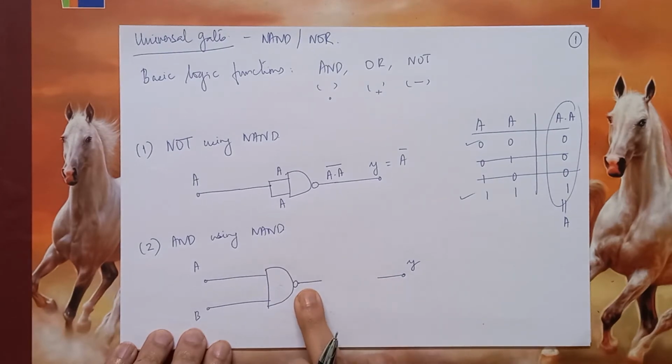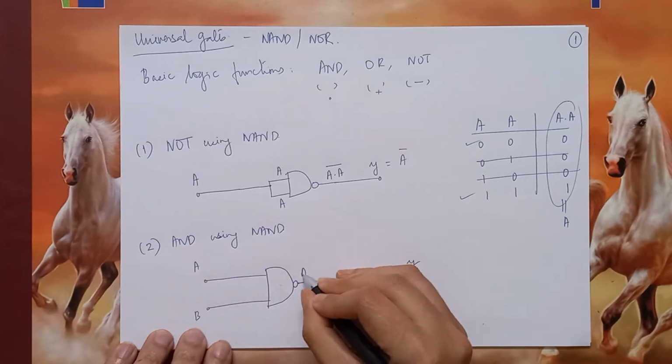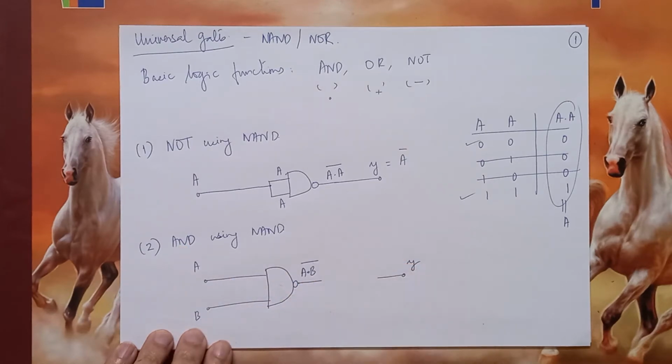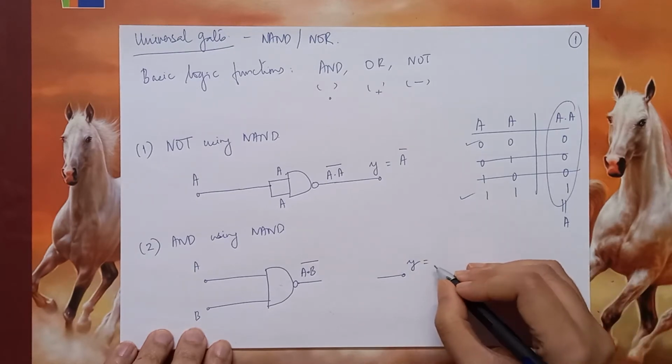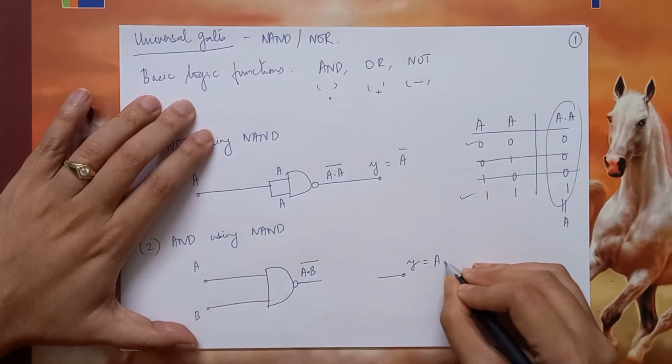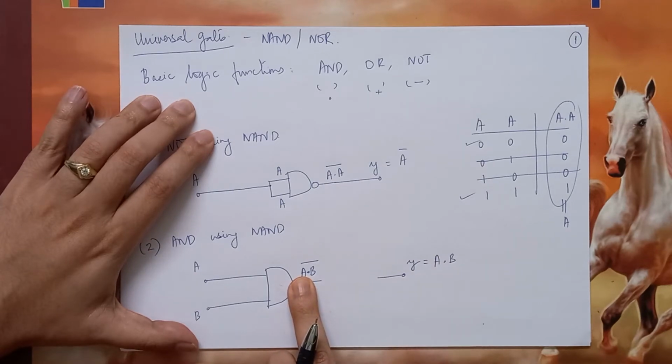So the output at this point will be the NAND of these two, that is A dot B, the whole bar. Now what do we want at the output? We want the output to resemble an AND function, that is Y equals A dot B. Here I have A dot B and here I have A dot B, the whole bar.